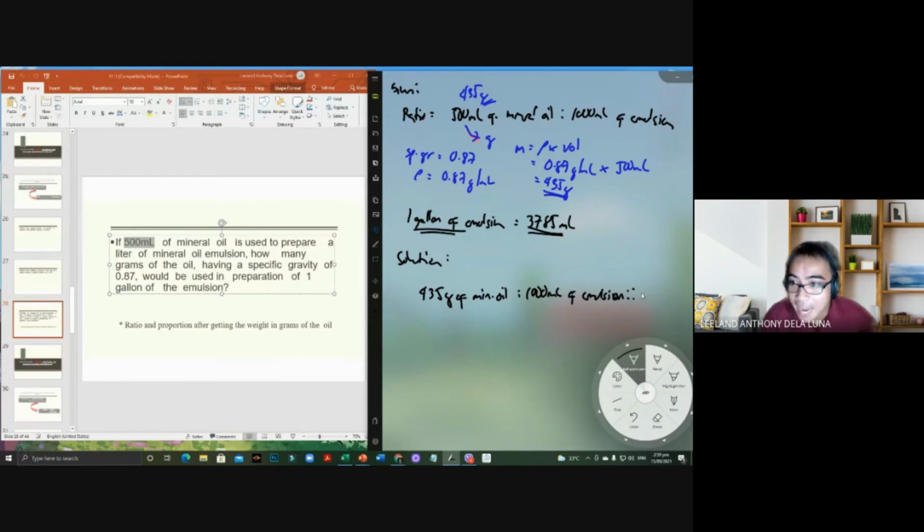So therefore, X, how many grams of mineral oil do I need to make 3,785 ml of the emulsion? Nagets ba class yung proportionality natin? How I was able to arrive to this? Kasi class, ang given ko ngayon sa problem ko is, if 500 ml of mineral oil is used to prepare 1 liter, ang tanong dito is, how much of the mineral oil should therefore I use if I want to prepare 1 gallon of the emulsion?